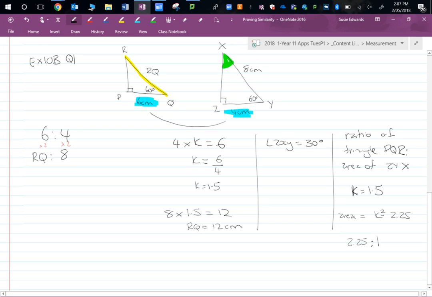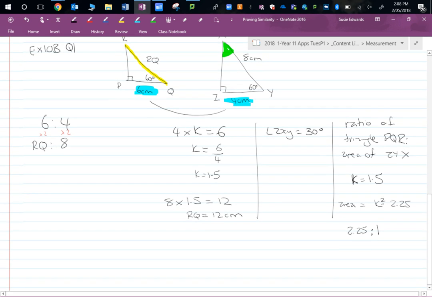For every one lot of area on the right-hand one, there's 2.25 on the left-hand side. Now, in a ratio, you can't leave things as a decimal. How could I make this into a whole number? 2.25. If I double it, it will become 4.5. Times it by 4. So I end up with 9 to 4 is our answer there.